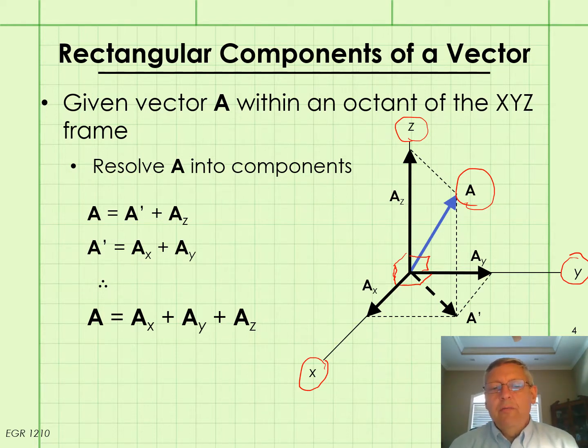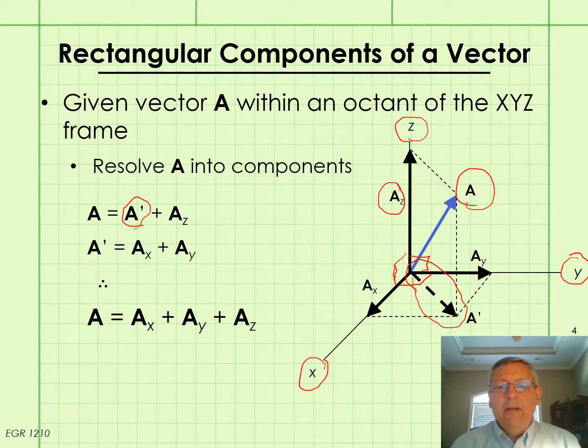First, we're going to resolve A into a component that exists in the xy plane. We're going to call that A prime. And its second component will be its component along the z-axis, which we're going to call A sub z.